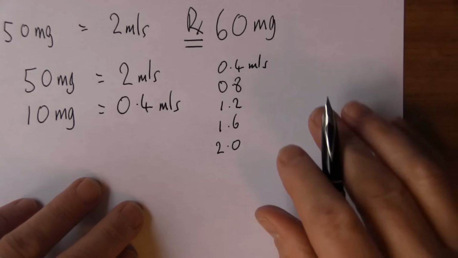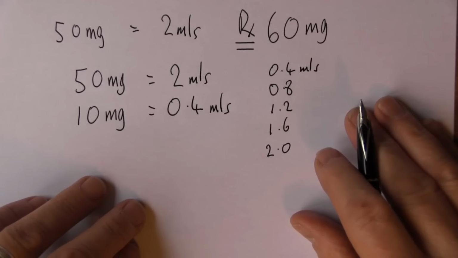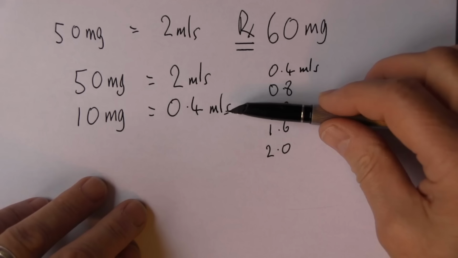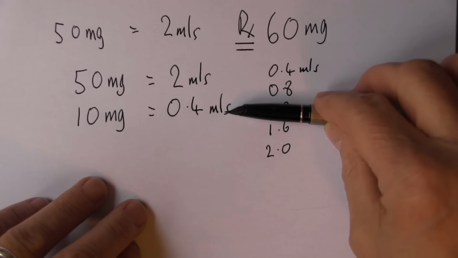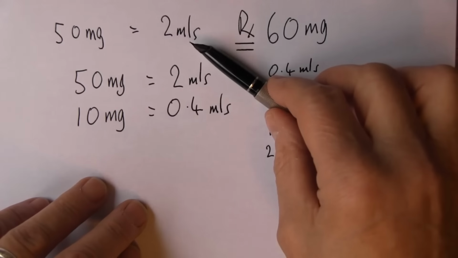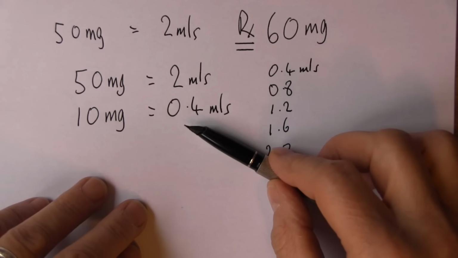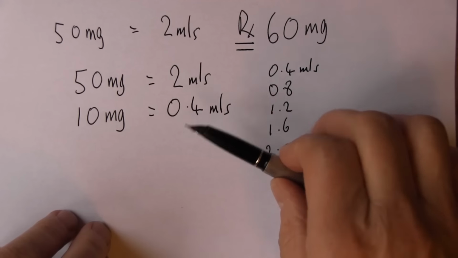So I am absolutely certain, in fact I would bet my life on the fact, because remember you are betting your patient's life on getting this right sometimes. Every time it's got to be correct. I'm absolutely certain that if there's 50 milligrams in 2 mils, 10 milligrams is in 0.4. And I want to give 60 milligrams.